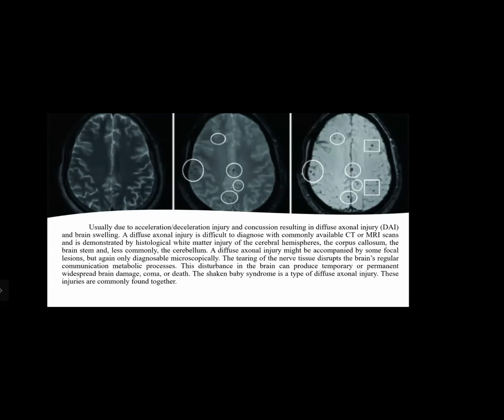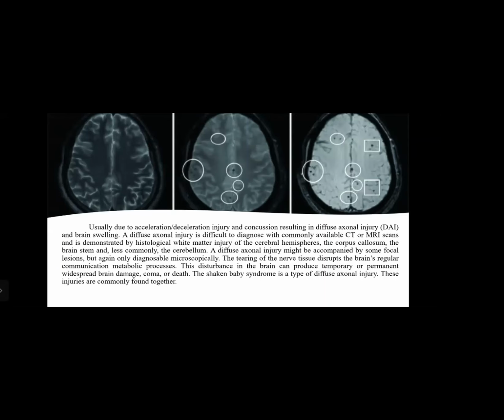A diffuse axonal injury is difficult to diagnose with commonly available CT or MRI scans. It is demonstrated by histological white matter injury of the cerebral hemisphere, the corpus callosum, the brain stem, and less commonly the cerebellum.